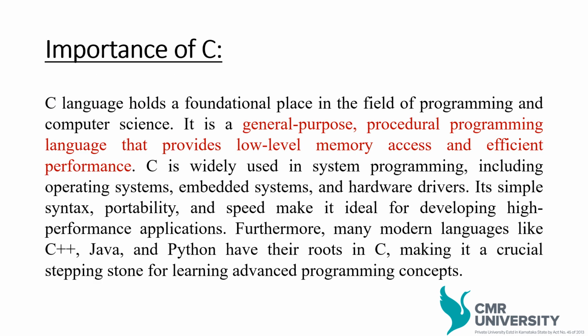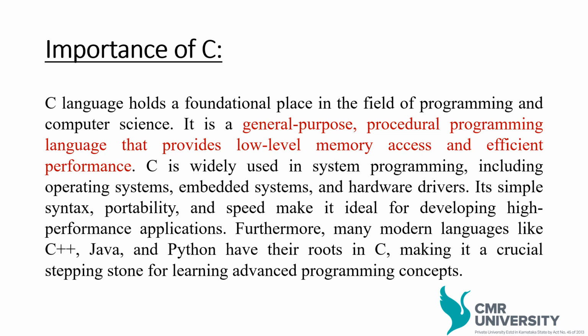Next is the importance. As we discussed in the introduction part, C is a main and very useful programming language for operating systems, embedded systems, and all. When we come to the importance, C language holds a foundational place.